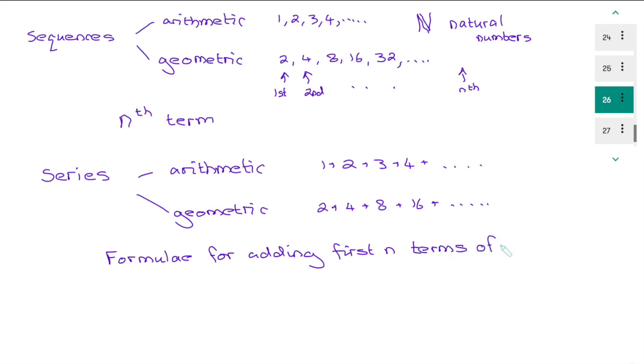See, I'm getting myself confused, because the sequence is the one with the individual numbers. So if you add up the first n terms of the sequence, then I think that's what you're doing. Some exam questions often refer to adding the first n terms of a series. But there we go. I think if you're only going to say add the first 4 terms here, what you've done is a partial sum.